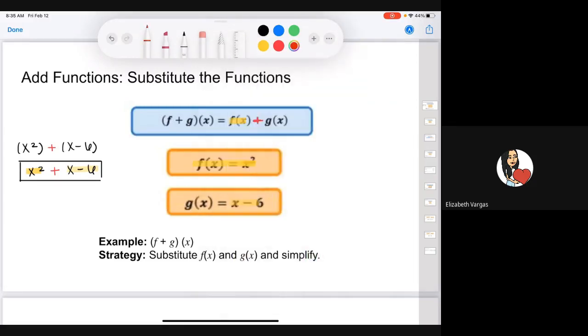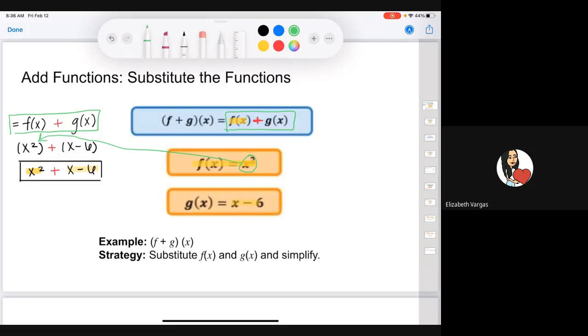Okay, so here, let me write this down. f(x) plus g(x), right? That's what it's telling me to do right here. Oops, let me use green. On this part. And so that's what I've moved over here. Now I'm just going to substitute my f(x). f(x) is x², so I substitute that right there.